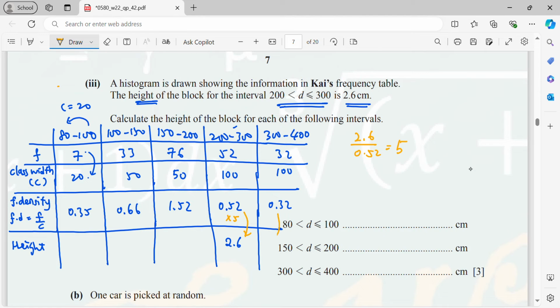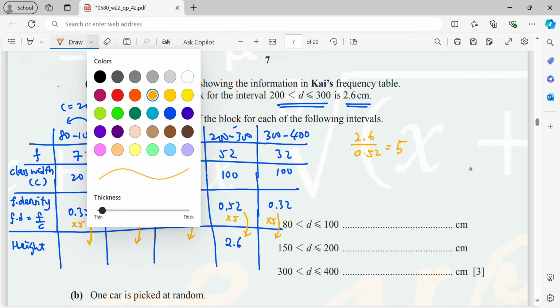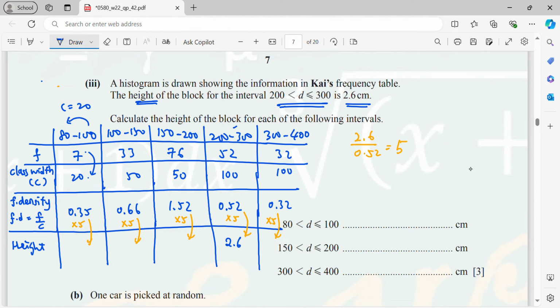Which means all of these I need to times 5 in order to get their heights. Therefore, you will be getting 1.75, and then 3.3, 7.6, followed by 1.6.